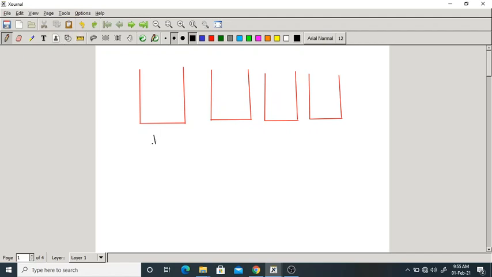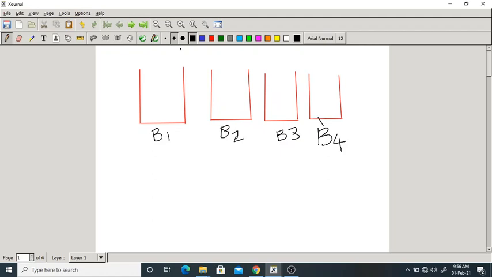This is B1, this is B2, this is B3, and that is B4. Now, so box 1, box 2, box 3, box 4.